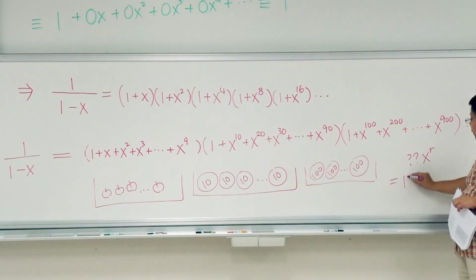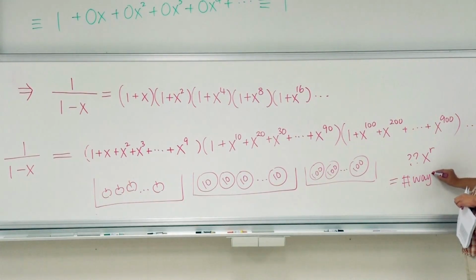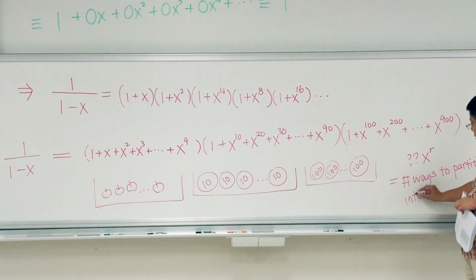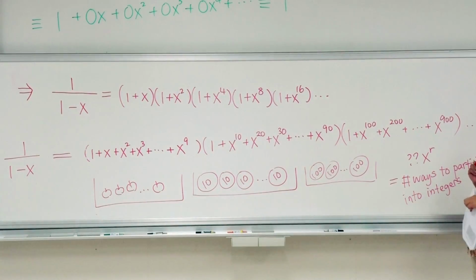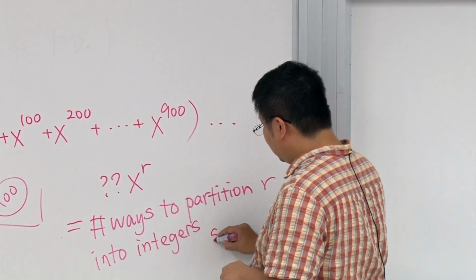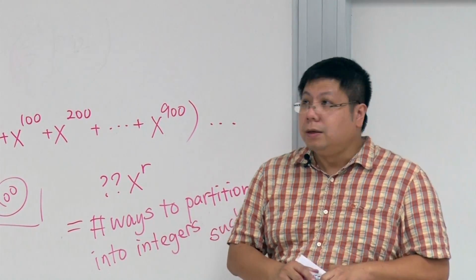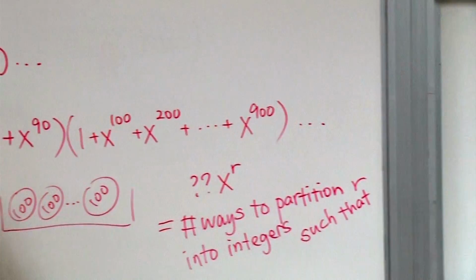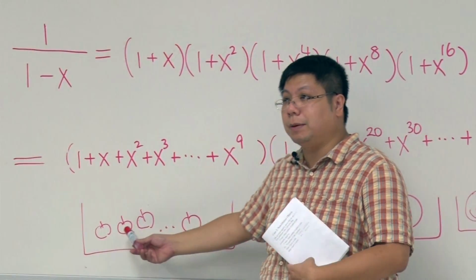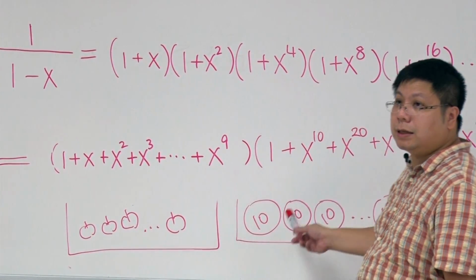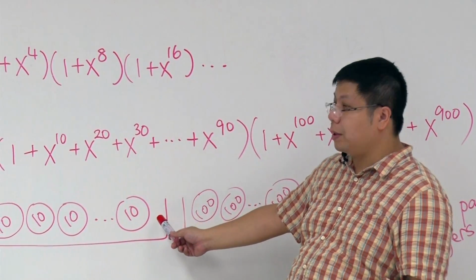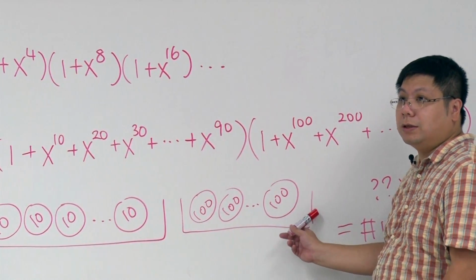It is equal to the number of ways to partition r into integers such that you can pick 0, 1, 2, 3 up to 9 from this one, 10, 20, 30, 40 up to 90 from this one, and so on and so forth.